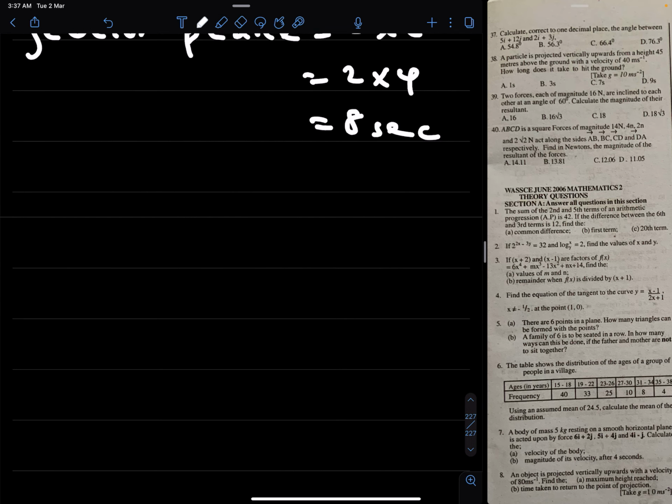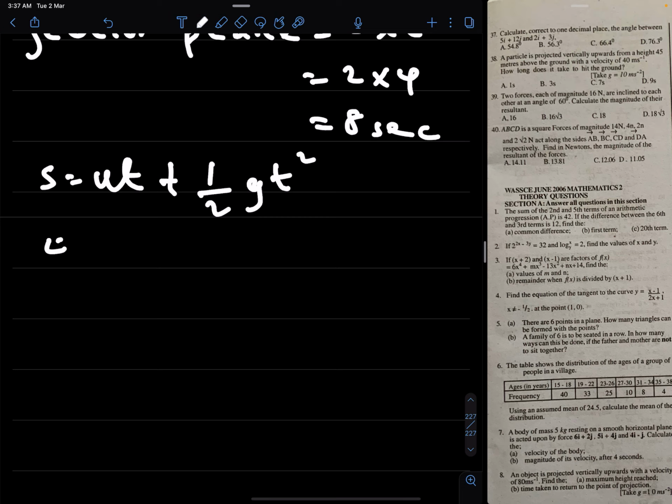When it's coming down, we know that S equals ut plus half gt squared. And that simply means 45. S is the distance it has to travel, which is the height from which it is falling.